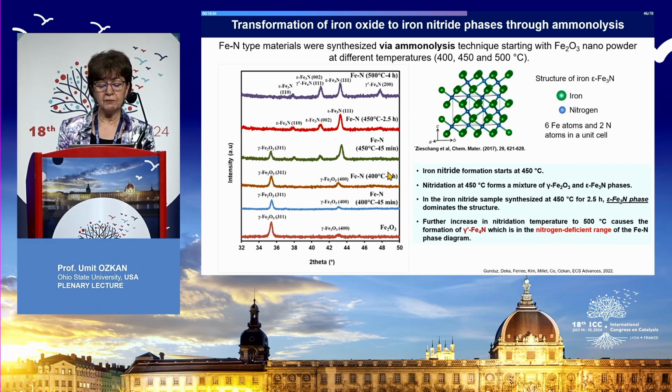At 450 degrees centigrade, most of what we have is Fe3N phase, which dominates the structure. If we go to higher temperatures, like 500 degrees centigrade, we start seeing a gamma Fe4N phase, and that's a nitrogen deficient sample, and that's not what we want. So we probably want to stay at nitridation temperatures below 500 degrees C.